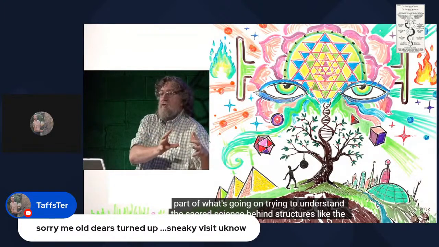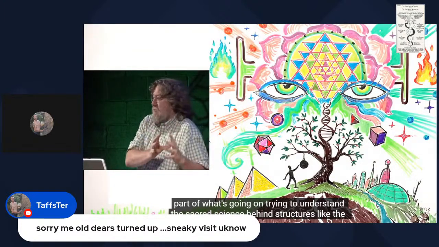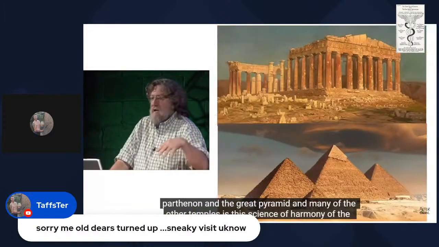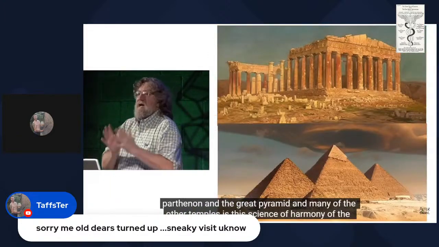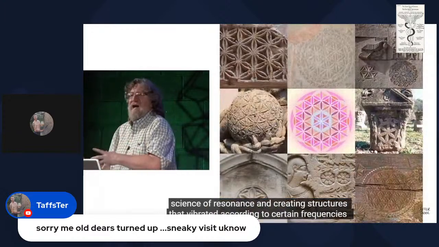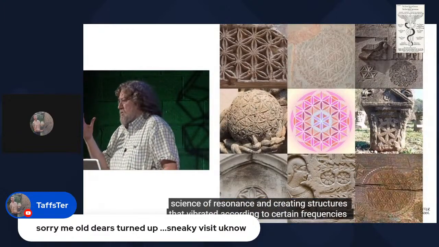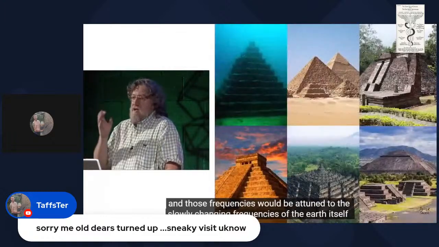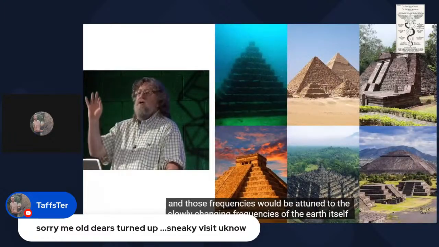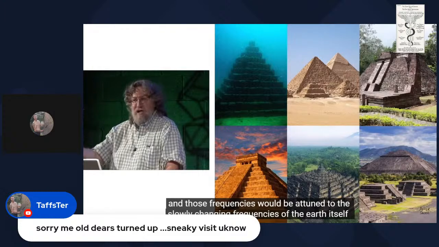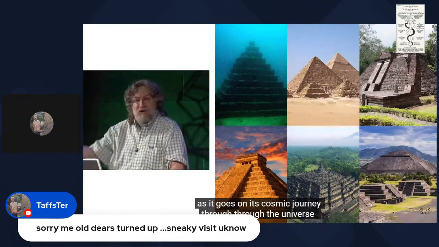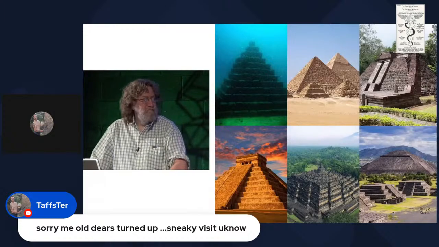I think that's part of what's going on, trying to understand the sacred science behind structures like the Parthenon and the Great Pyramid and many of the other temples, is this science of harmony, of the science of resonance, and creating structures that vibrated according to certain frequencies, and those frequencies would be attuned to the slowly changing frequencies of the Earth itself as it goes on its cosmic journey through the universe.